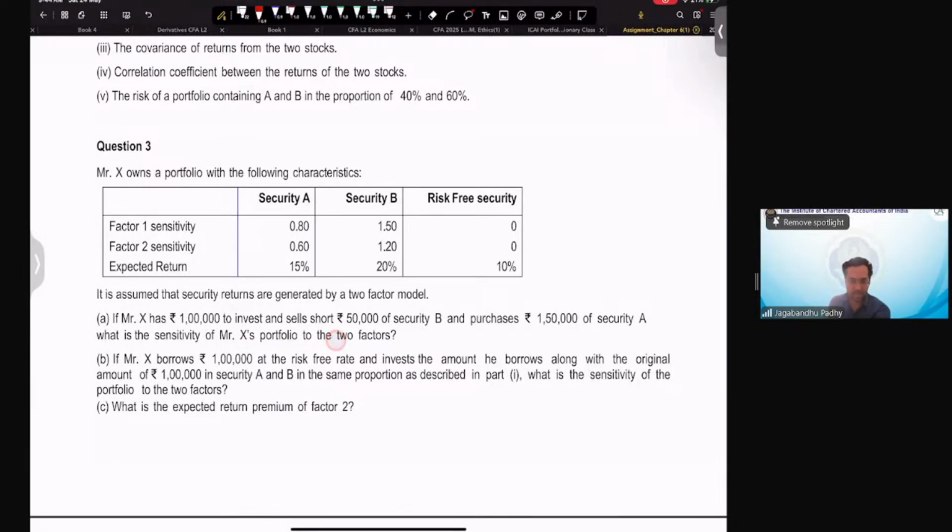You have got 1 lakh to invest and you're also selling short 50,000 of B, and purchasing 1,50,000 of security A.